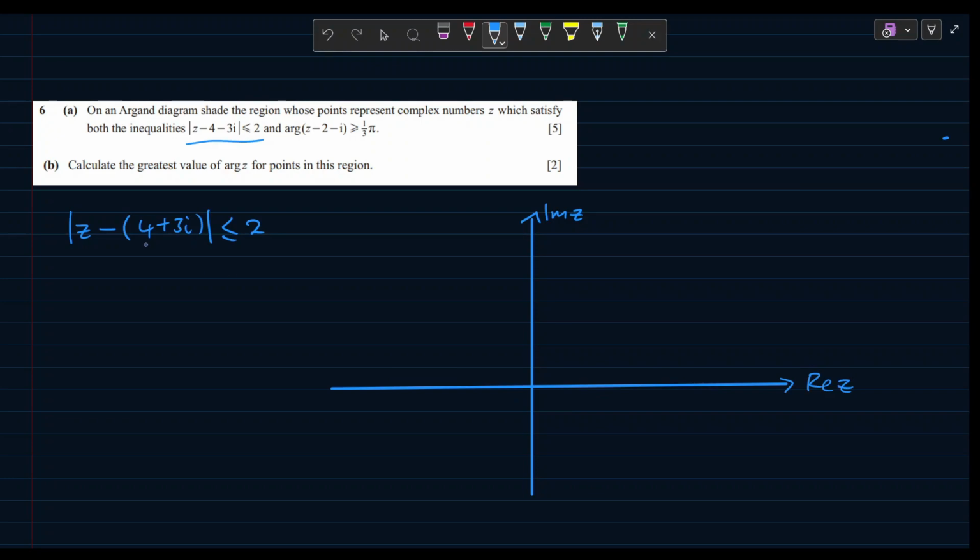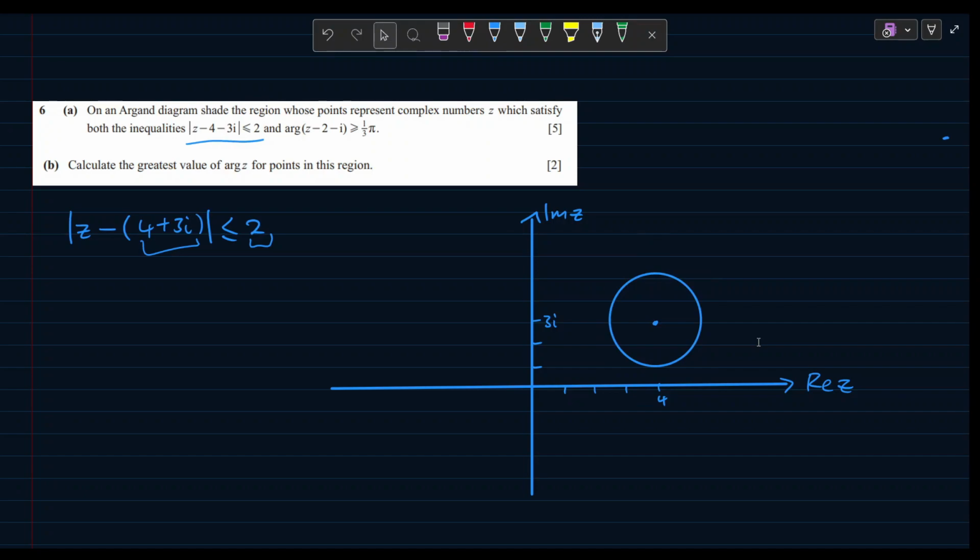So this is going to be a circle with center 4 plus 3i. So 4 units in the real axis, and then 3 units in the imaginary axis, 3i. Our center will be over here, and we're drawing a circle with radius 2. So it's going to look something like this. Alright, so let's shift it so that it's at the center.